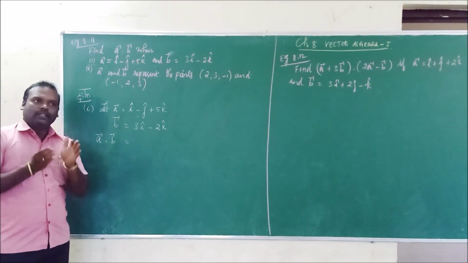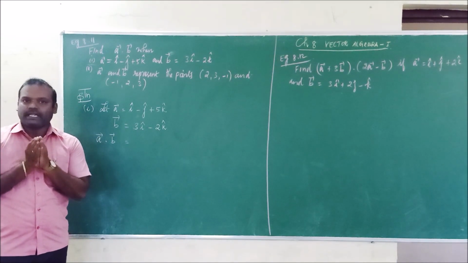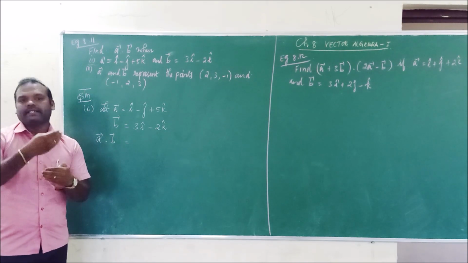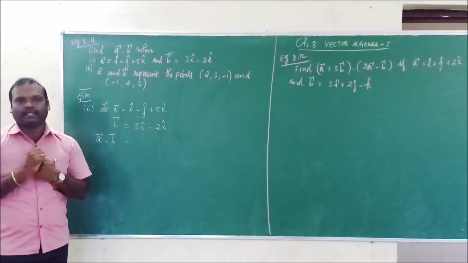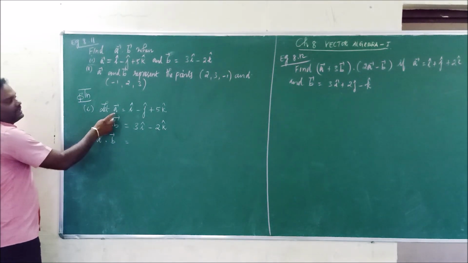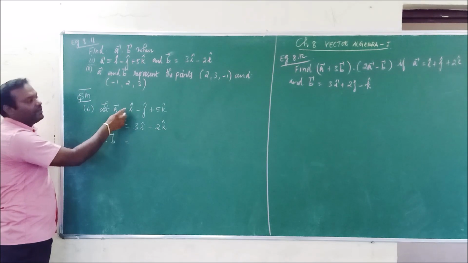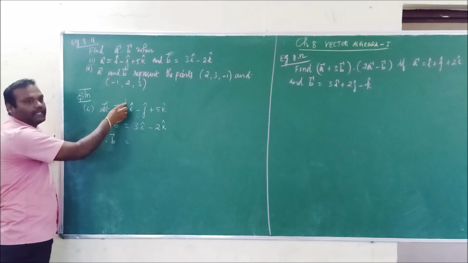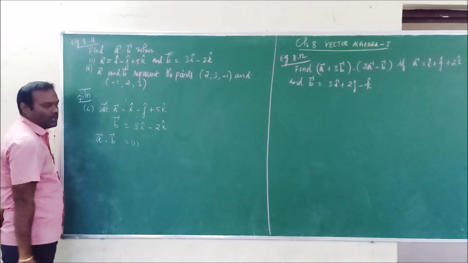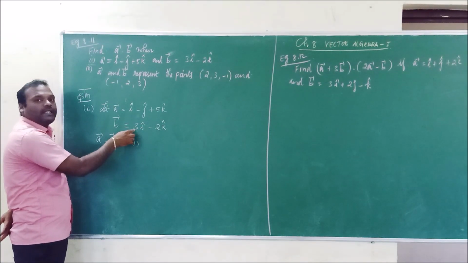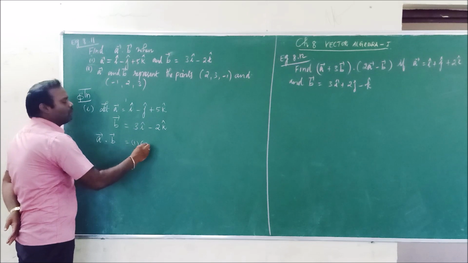You take the corresponding rectangular components, multiply them and sum them. In the first vector, take the I cap component, which is 1, and multiply it with the corresponding I component in B vector, which is 3.